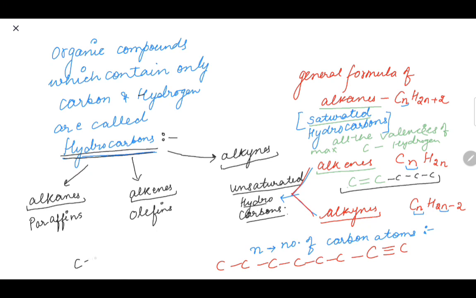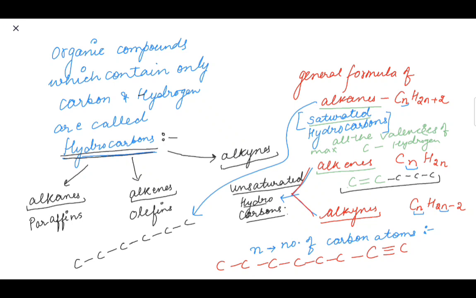And if it is a long chain where there is only a single bond between every two carbons, that would be a single covalent bond, and they would always be called alkanes. Are you understanding? So there are three types of hydrocarbons primarily: alkanes, alkenes, and alkynes.